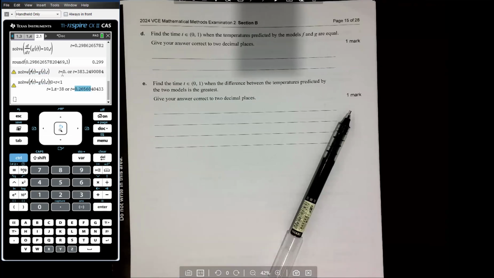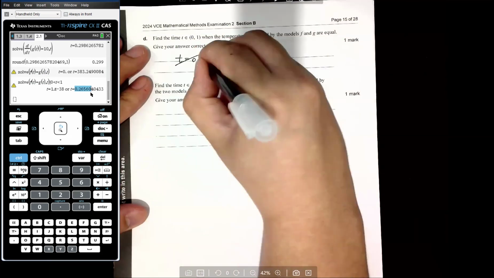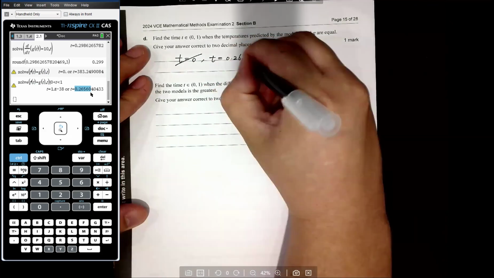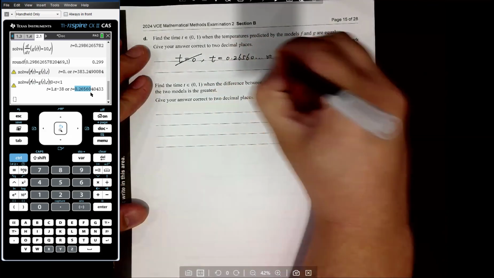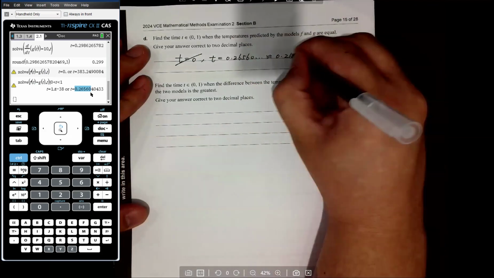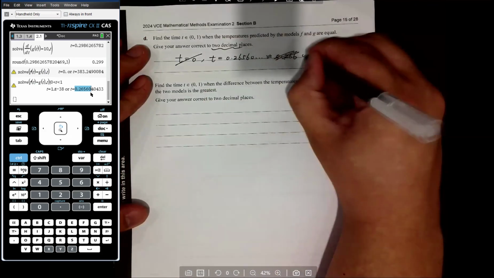If the gap is too large, your CAS calculator may not be able to solve it or search for it accurately. So you have to get this value. So it's t equals 0, knock out, and t equals 0.26560, which is rounded to 0.266. Actually, 2 decimal places, 0.27 hours, okay?